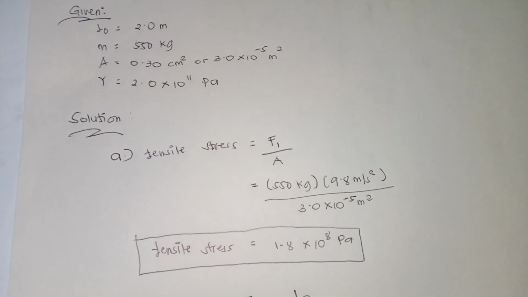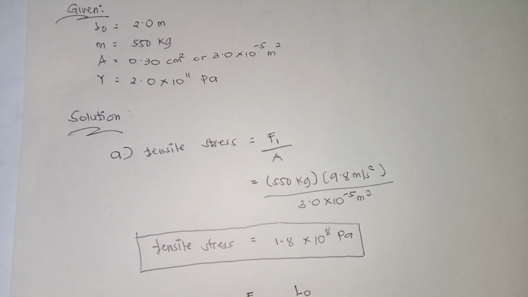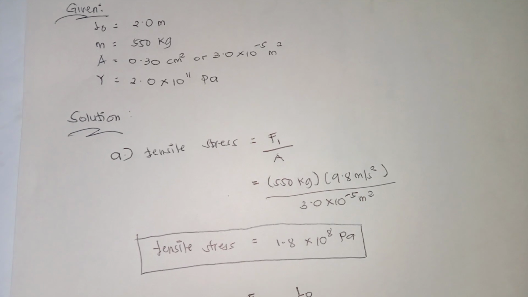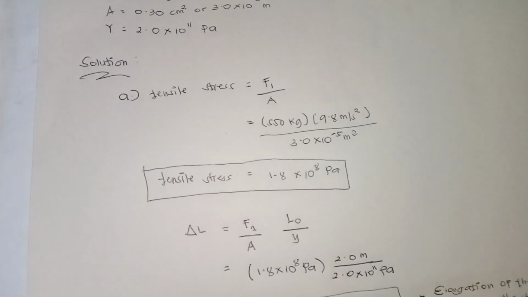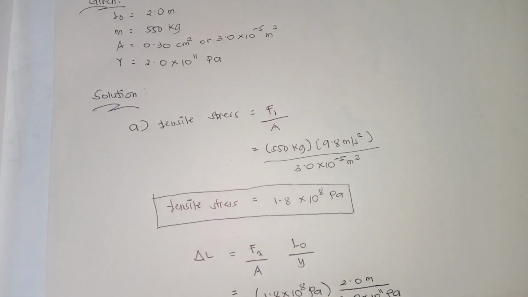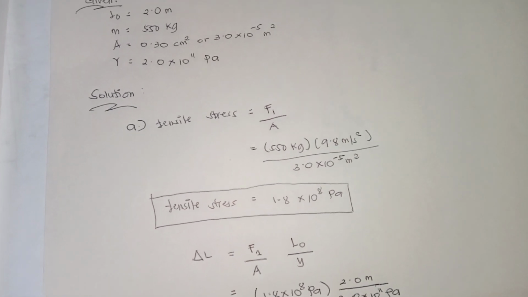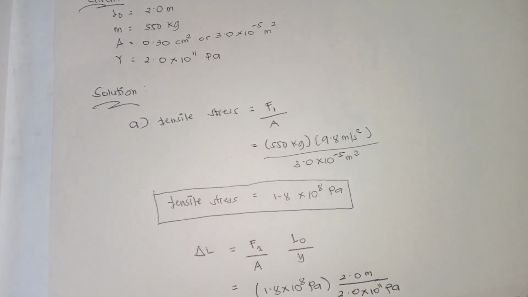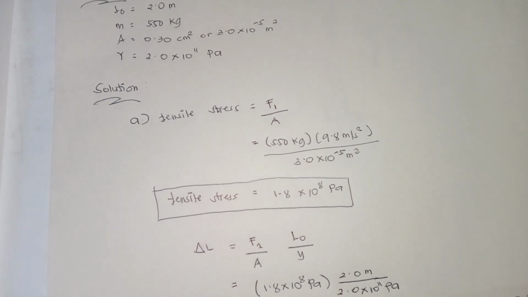Y, which equals 2.0 times 10 to the power of 11 pascals. So, solution. By solving the tensile stress, we use the formula: the stretching force over the cross-sectional area.